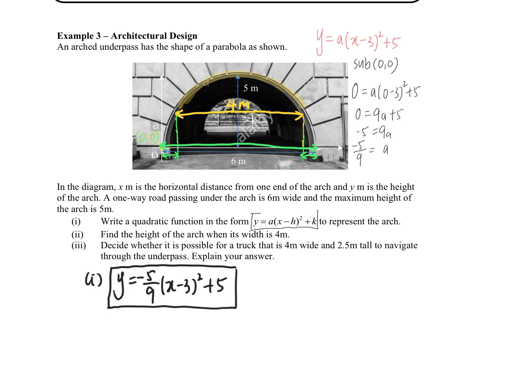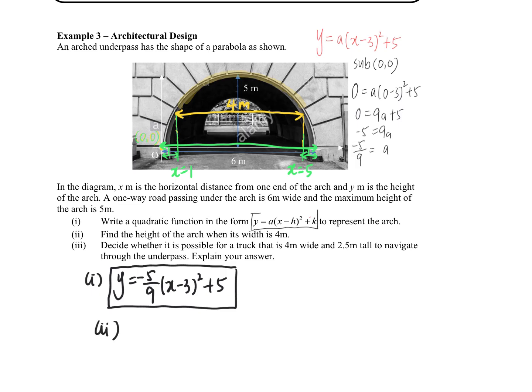Because 6 minus 4 is a difference of 2 and you need to share between the two gaps. So this must be 1 unit each. So the x value here must be 1. And then the x value here must be 5. So that there is a 1 meter gap. So that the middle has 4 meters width. Okay, so this one, the thinking is on the diagram, you must be able to visualize where you are. So now you can find the height.